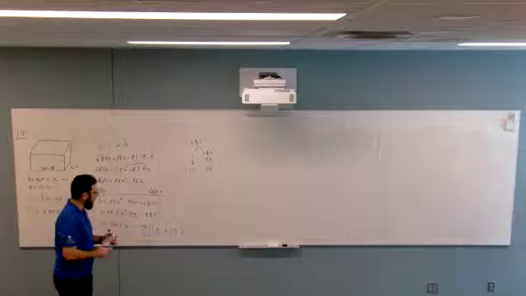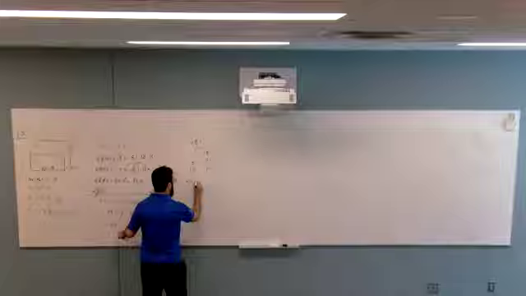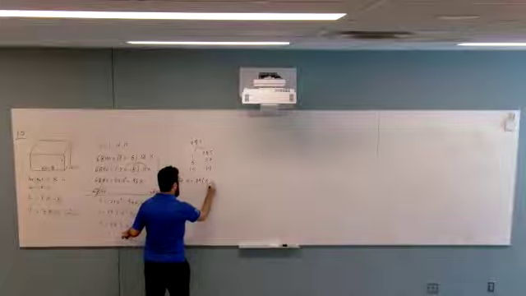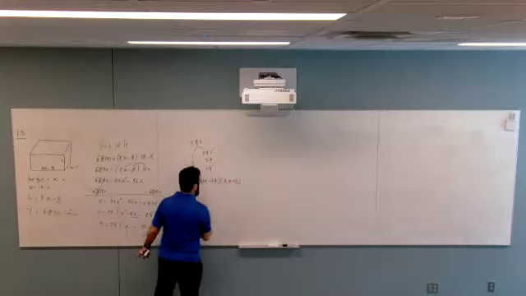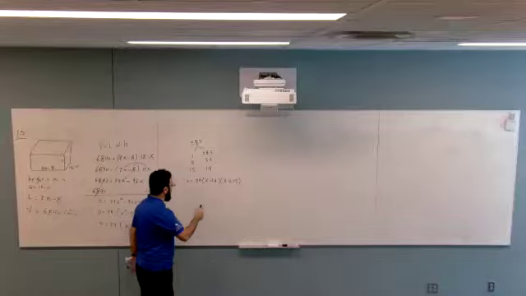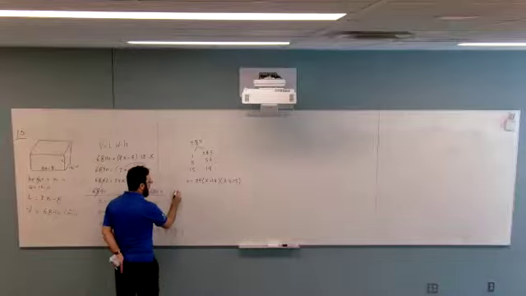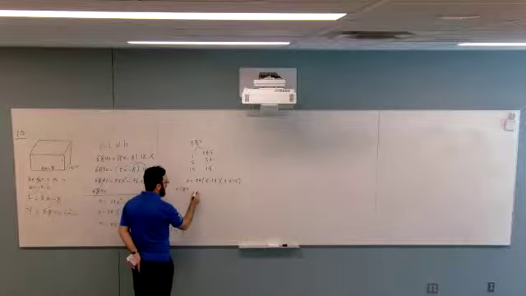So next step, 0 = 24(x - 19)(x + 15). And then I'm going to use the zero factor property. Can I say 0 = 24? It's the wrong statement.